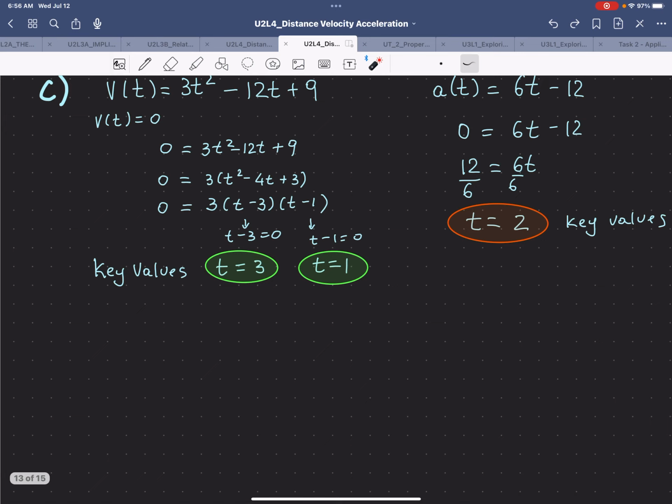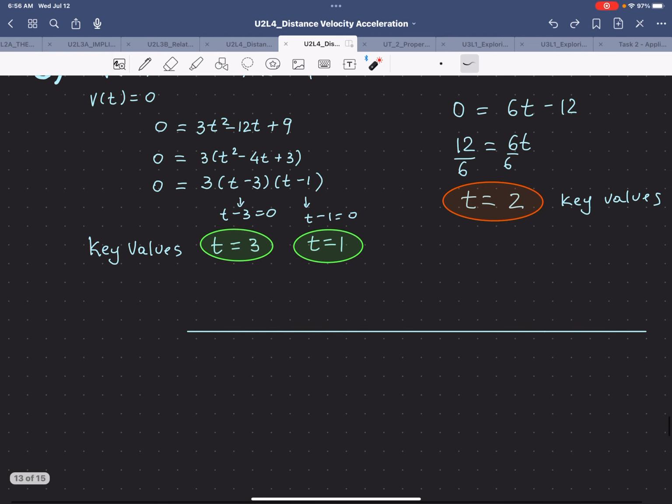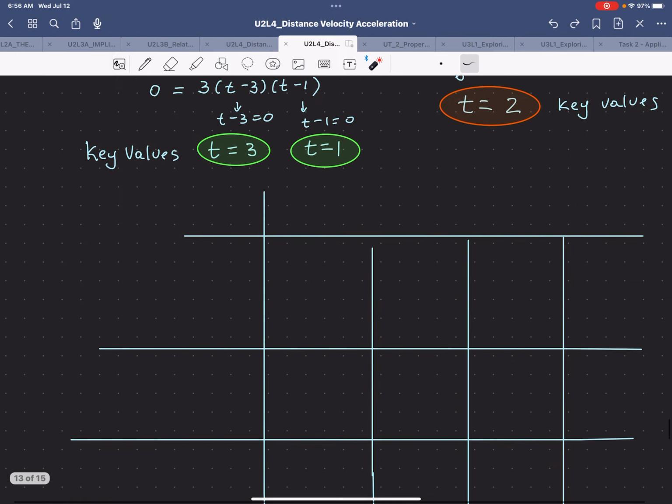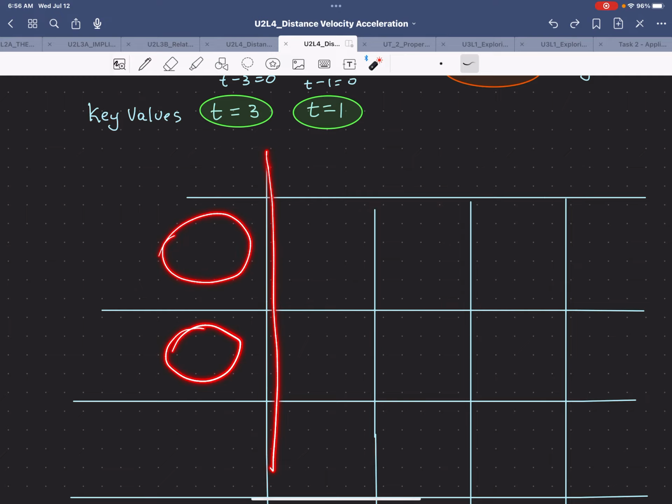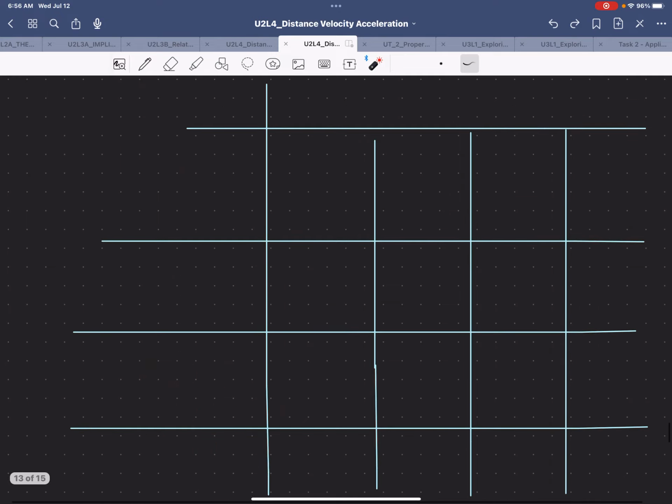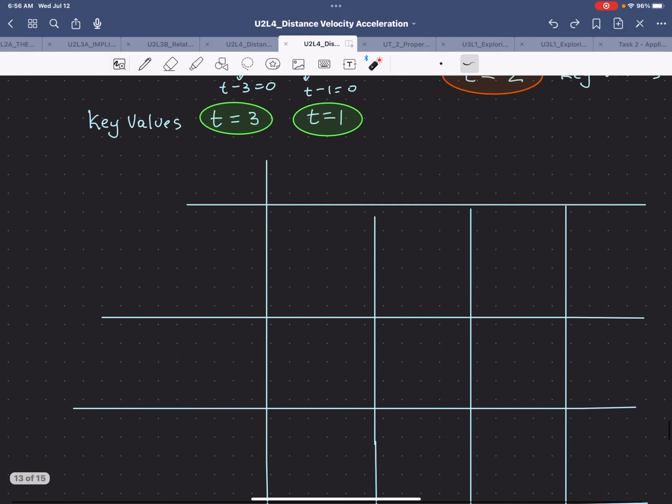Now it's time to study the sign of the product V(t) A(t). And for this, again, we're going to use a chart similar to the one we used in the previous part of the question. So we'll start off with a number line, and we are going to build the rest of the chart by drawing a vertical line where we put velocity, acceleration, the product, and then lastly, the description of the motion. So on the number line here, we are going to place the key values.